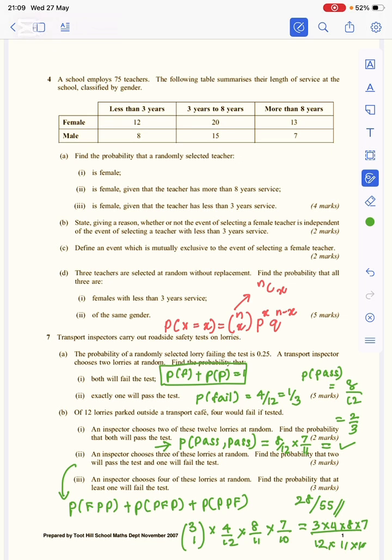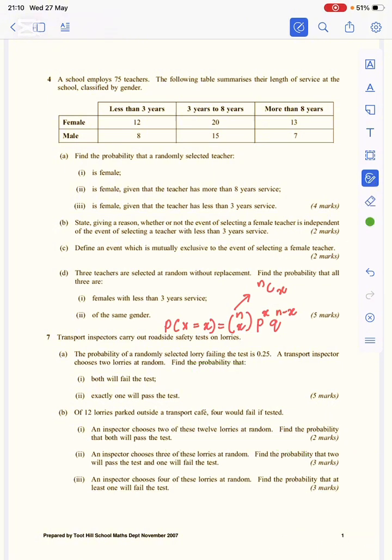Okay. An inspector chooses 4 of these lorries at random. Find the probability that at least one will fail the test. At least one will fail the test. Okay, this is kind of a tricky question. First of all, an inspector chooses 4 of these lorries at random. Find the probability that at least one will fail the test.